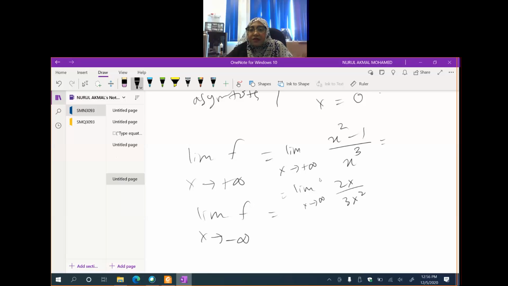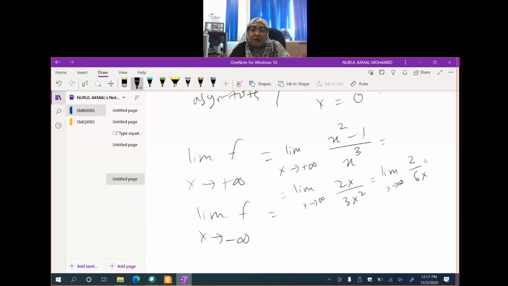Again, it will give you infinity over infinity, and then you apply L'Hopital rule again. You will get the limit of 2 divided by 6x, x tends to infinity.